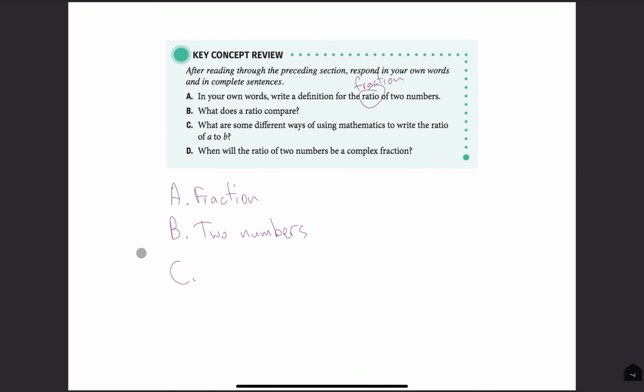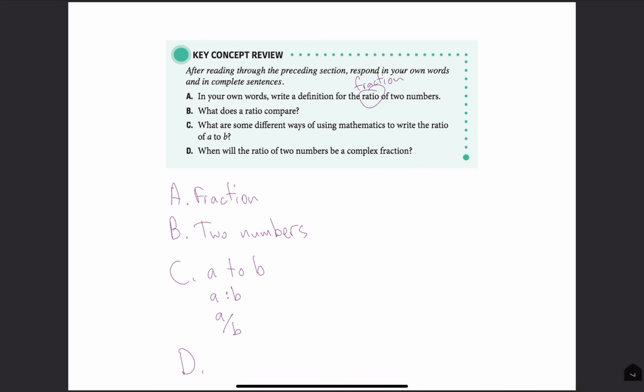What are some different ways of using mathematics to write the ratio of A to B? You could write it A to B. You could write it A colon B. You could write it A divided by B. And when will the ratio of two numbers be a complex fraction?